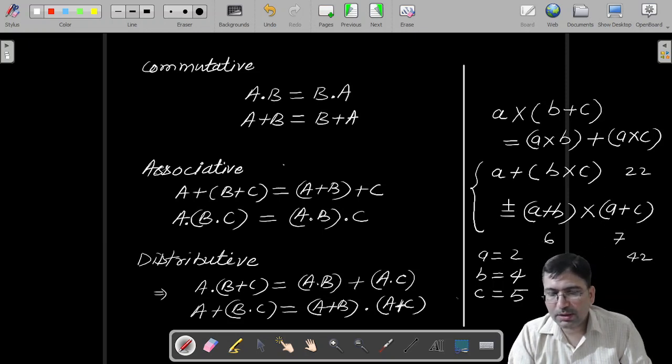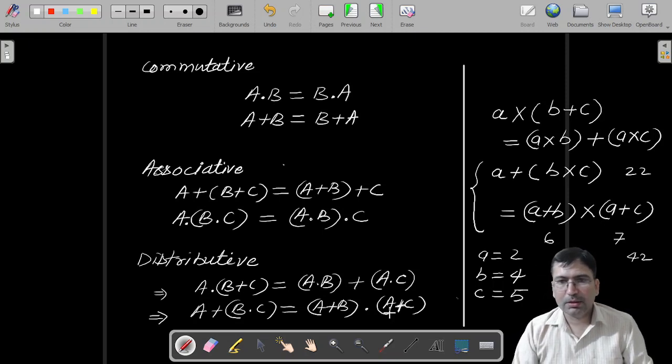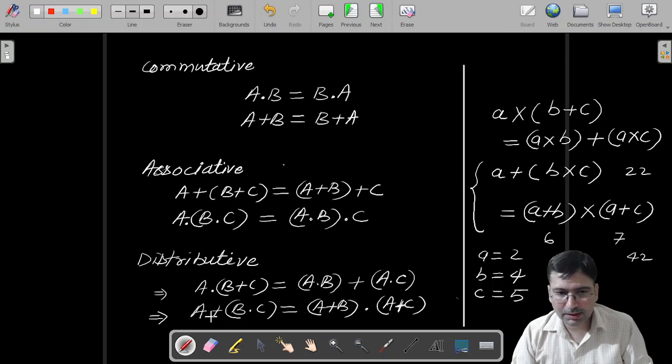So these two things are not equivalent in mathematics, but if you draw the truth table and try to check the validity of this, it is very much valid. So please do remember this can also be done. The OR operator is also distributive over the AND operator, right?